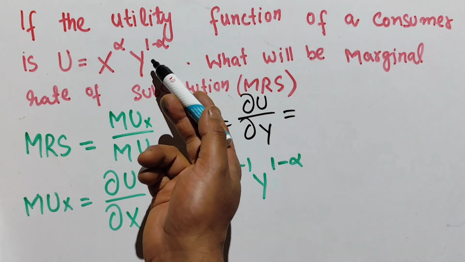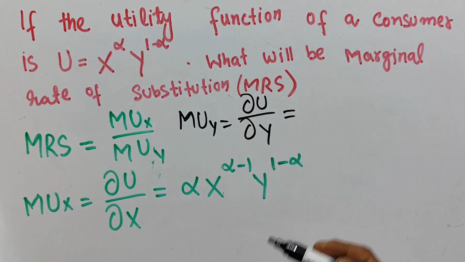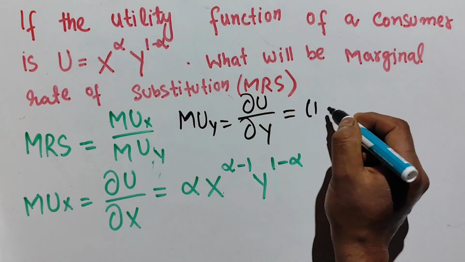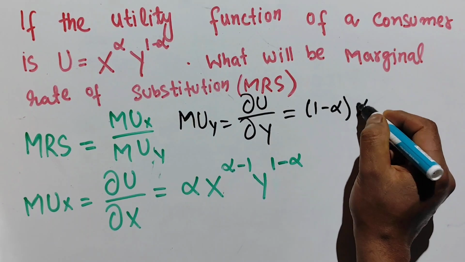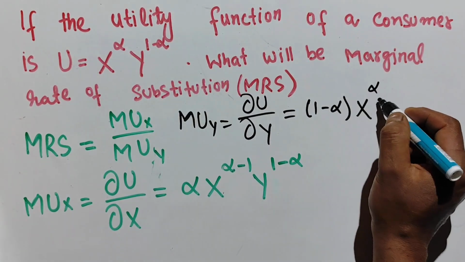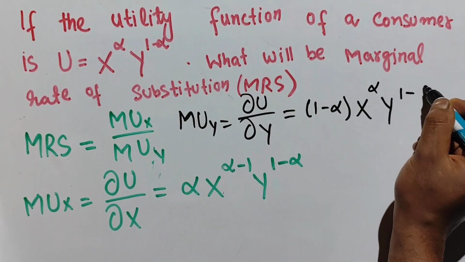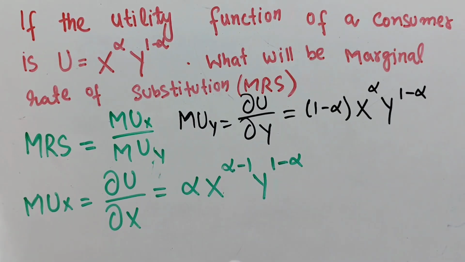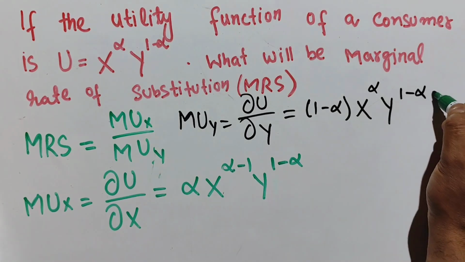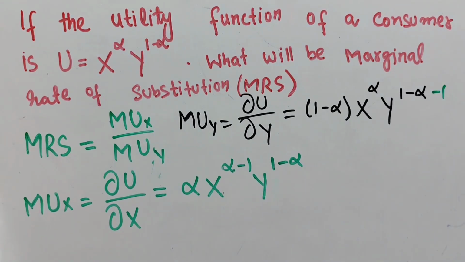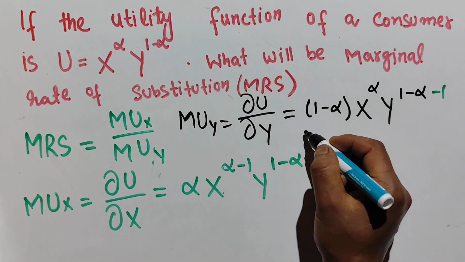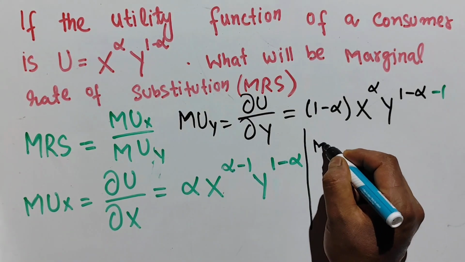The exponent of y is 1 minus alpha, it becomes coefficient 1 minus alpha, x remains same as x raised power alpha, and we have y raised power 1 minus alpha, and its exponent is subtracted by 1 by power function rule.